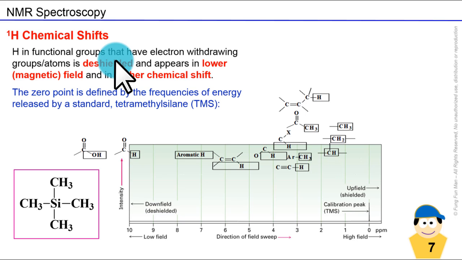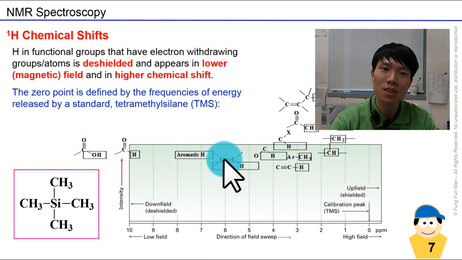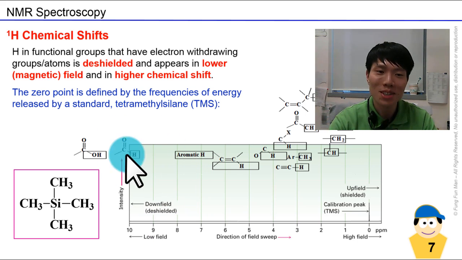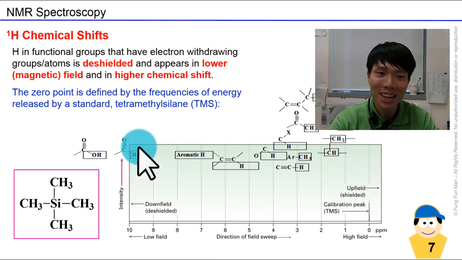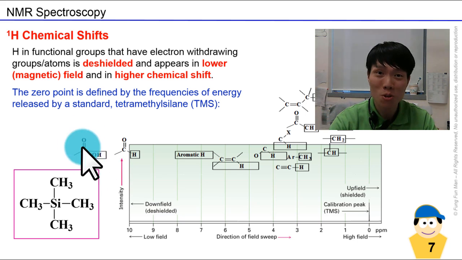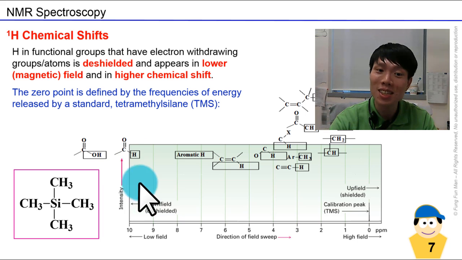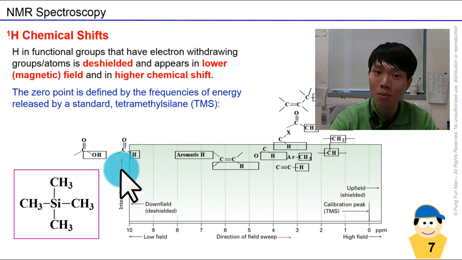So for the proton chemical shift, the hydrogens in functional groups that have electron withdrawing groups, atoms like fluorine, iodine, bromine, C double bond O here, are deshielded with a high chemical shift, so they appear in the down field, low field. You can see very easily your aldehyde, your carboxylic acid, C double bond O, they draw electrons. You see this proton here, the signal has a very high chemical shift.